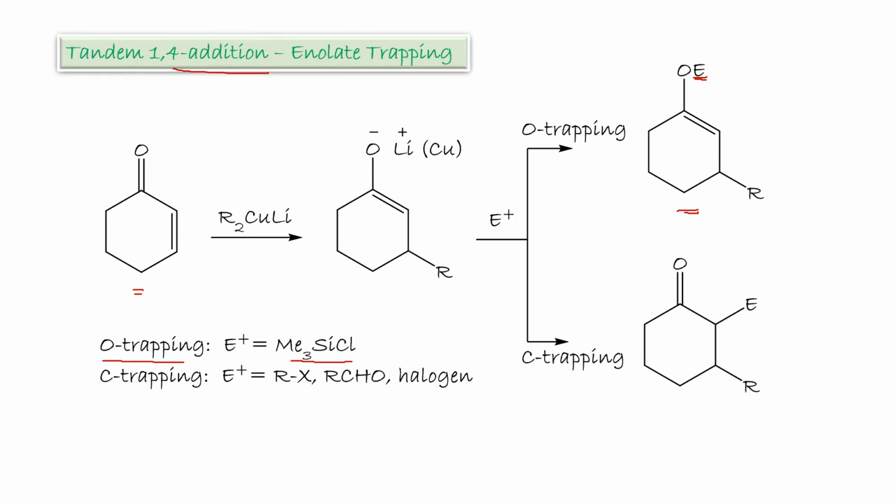Or we can do that by C-trapping, where we use alkyl halide or aldehyde, and that will give the vicinal dialkylated product.